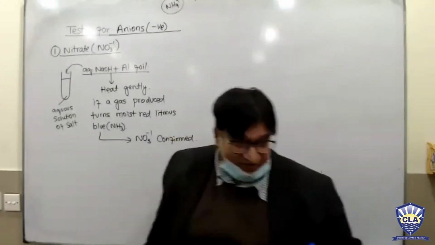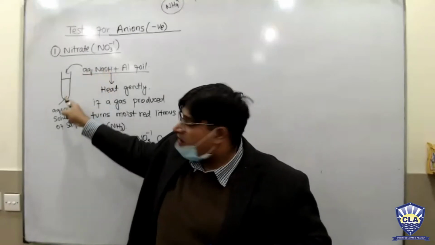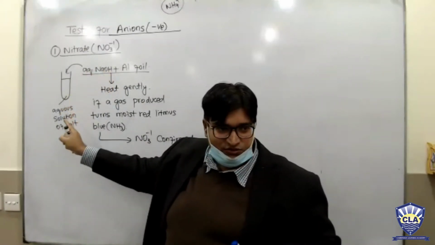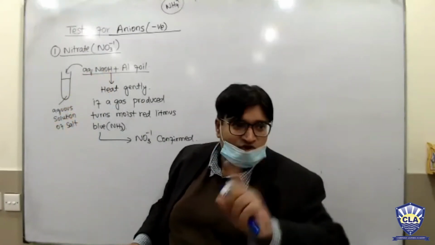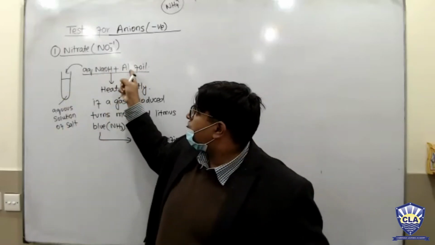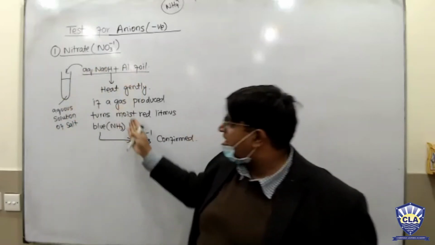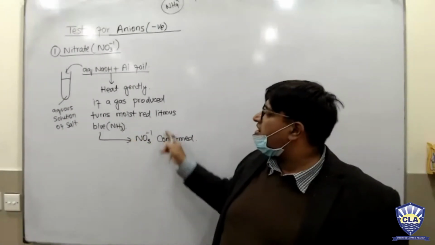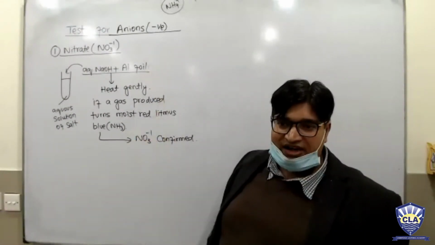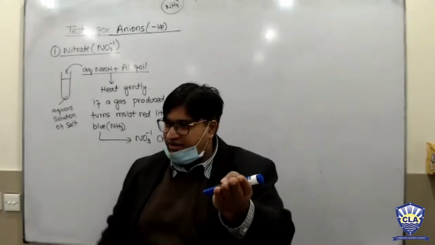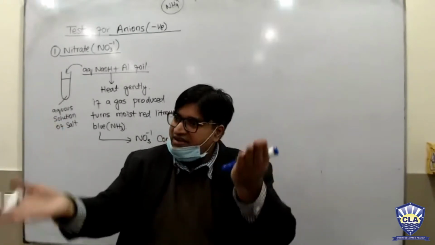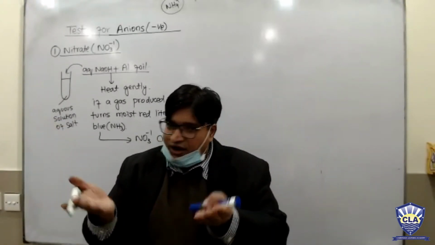But if just adding sodium hydroxide to the aqueous solution of salt does not produce ammonia gas, but when you add aluminium foil, ammonia gas is produced, then this is the test for the negative ion, which is called nitrate. So nitrate and ammonium tests resemble each other.